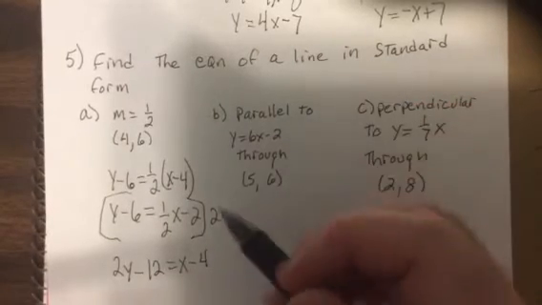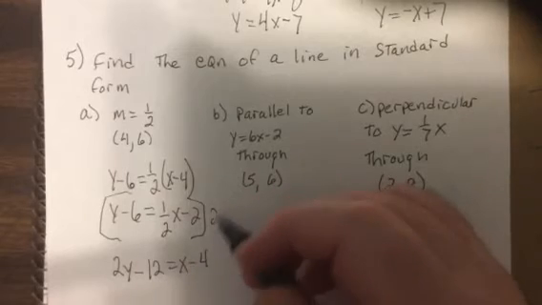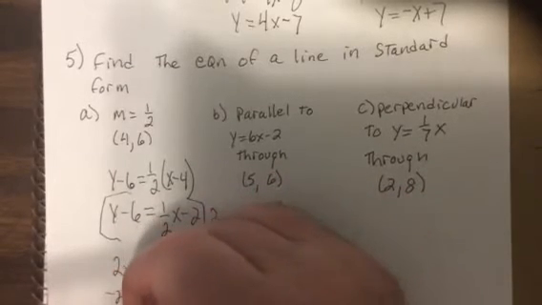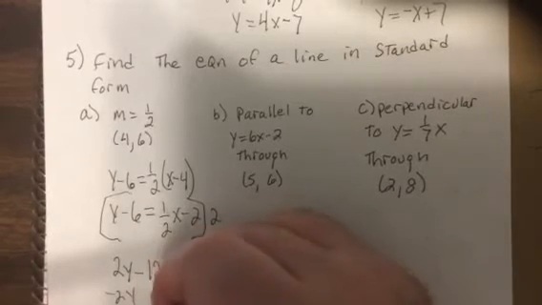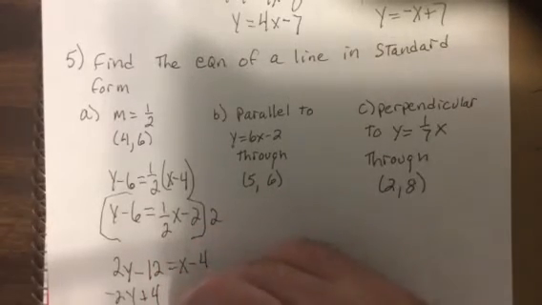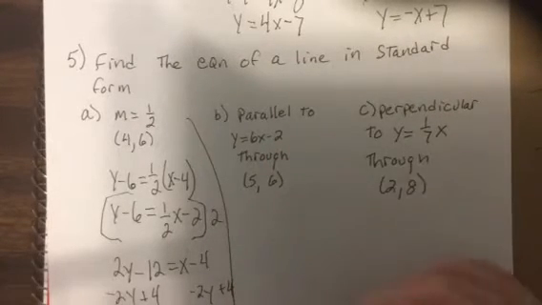Now, standard form, I need x and y on one side, number on the other, no fractions, which I just got rid of. So I'm going to subtract 2y, and I'm going to add 4 to get the number on the other side. So I'd have negative 8 equals x minus 2y. Yay!